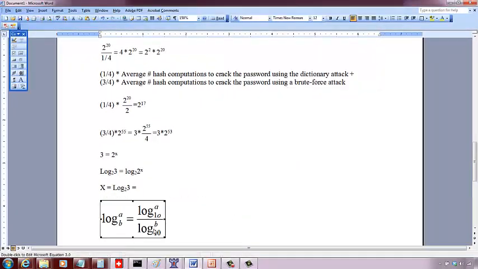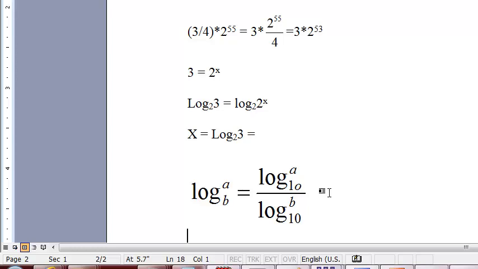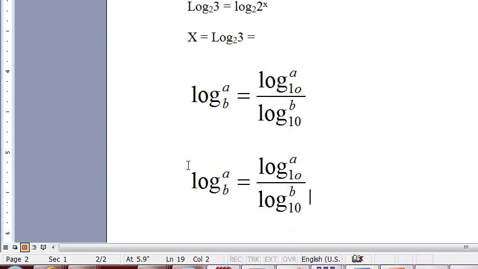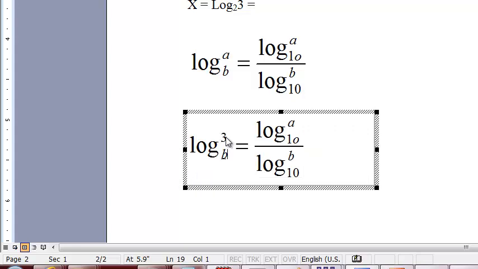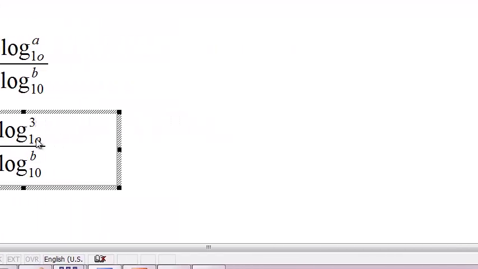So now what we want to find is log of 3 to the base 2. So this is basically log of 3 to the base 10, and this should be log of 2 to the base 10.